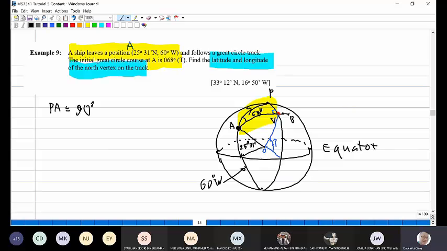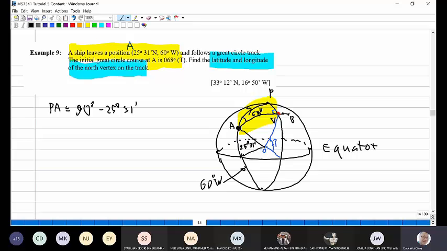Then the angle between equator and A is 25 degrees, 31 minutes here.